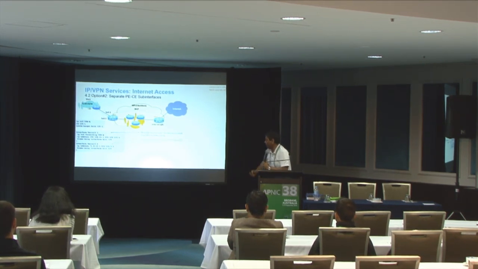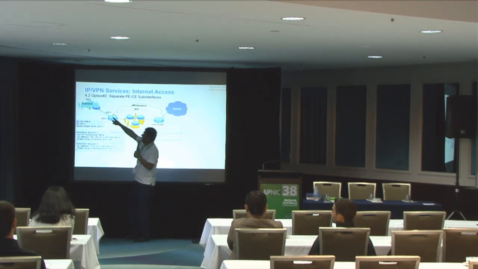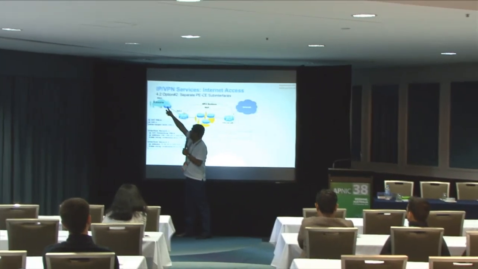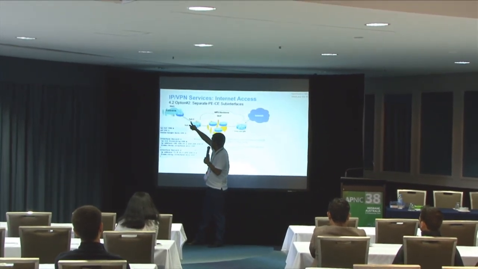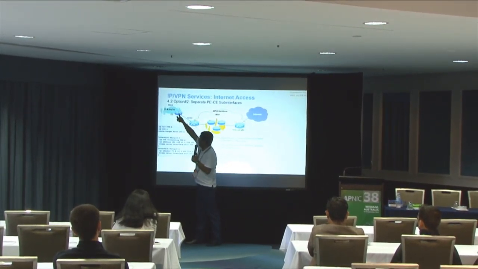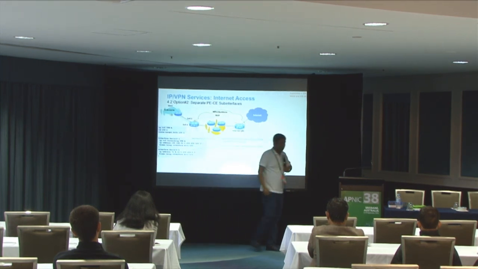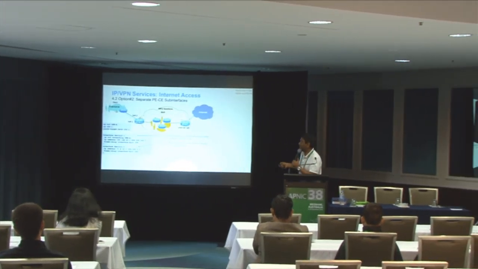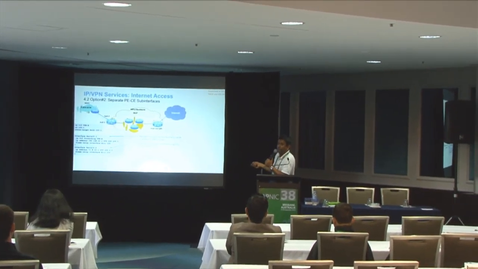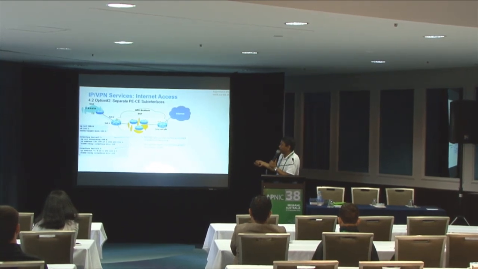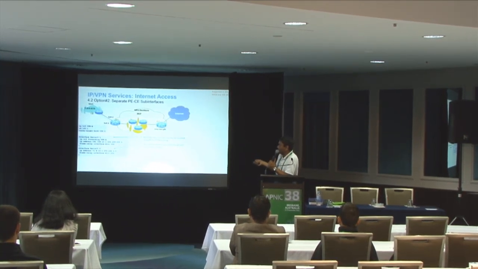So when customers are browsing the internet, that is going via SE0/0, and you add on this router a default route to the internet via SE0/2, and the VPN is going via this one. That is a much better option, because when you create a separate sub-interface for internet, through that sub-interface you are going to the internet, and the other interface belongs to the VRF you are using for your private VPN communication.